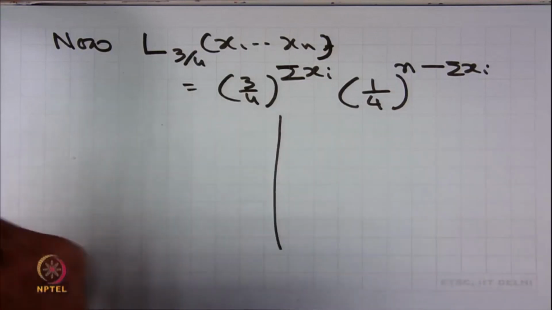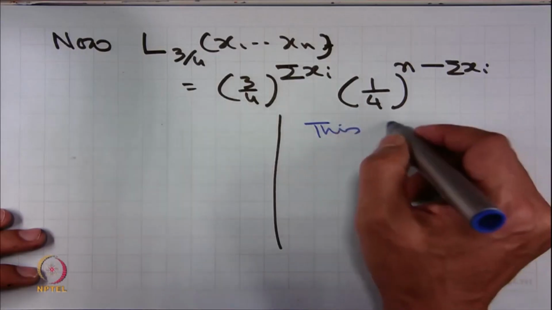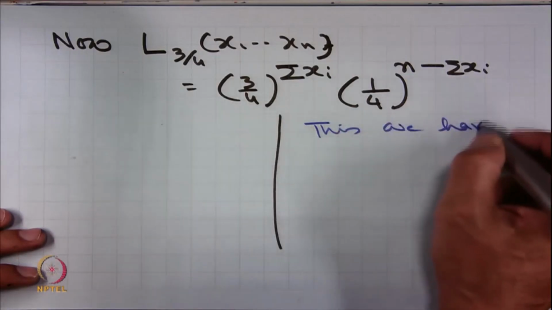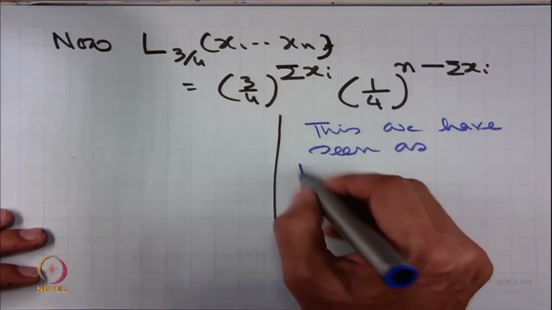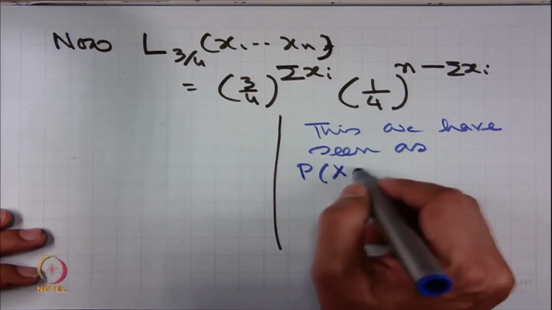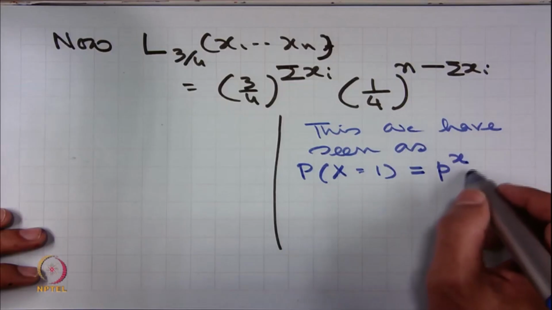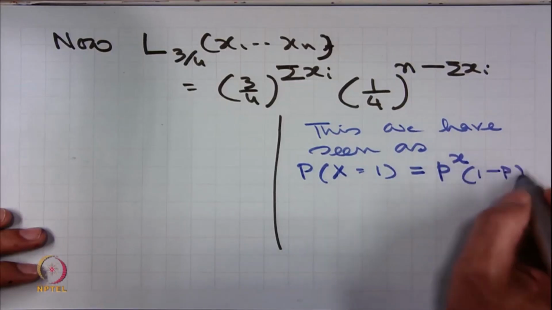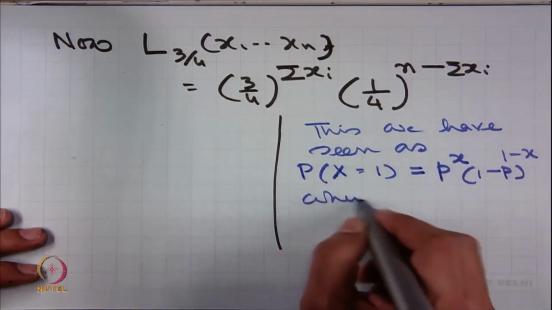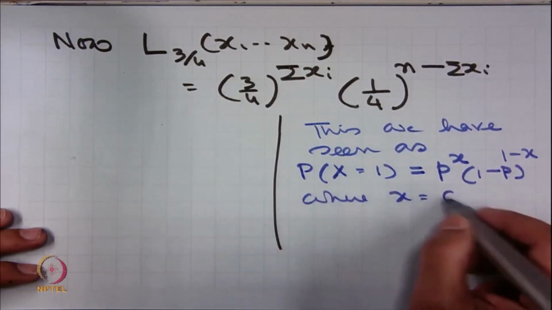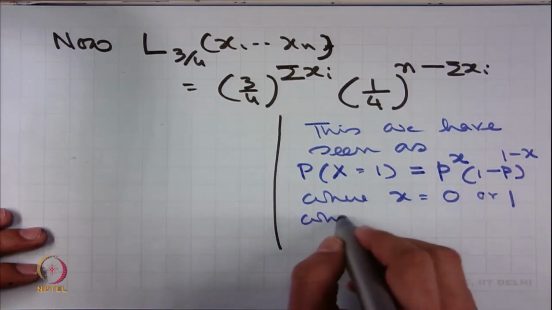This we have seen as probability x is equal to 1 is p to the power x into 1 minus p to the power 1 minus x, where x is 0 or 1, which comes from Bernoulli trial.